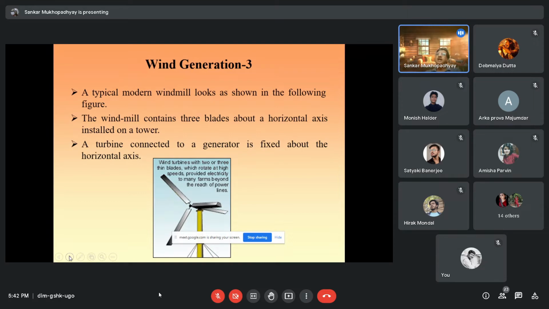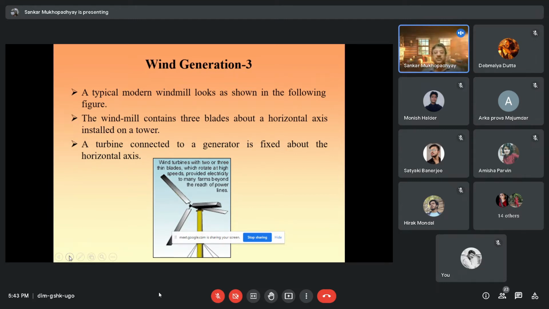At the tower top, a horizontal bar is there, parallel to the ground plane, and on the front terminal, the blades are fixed.